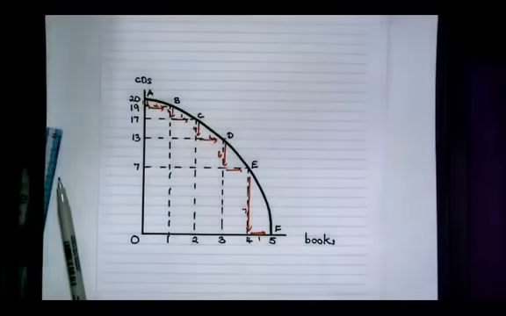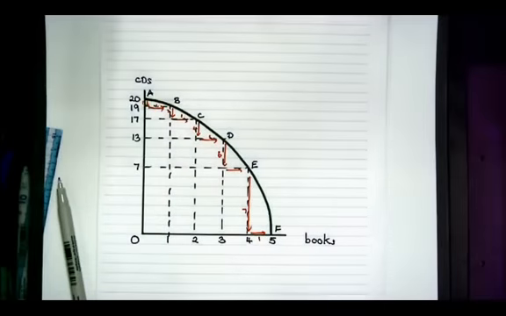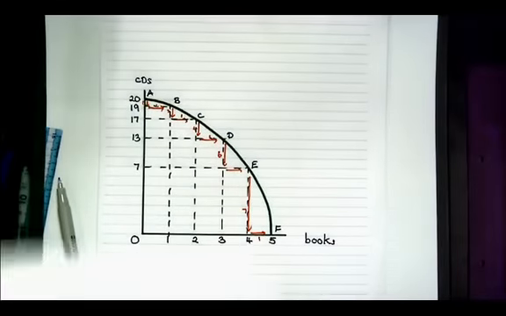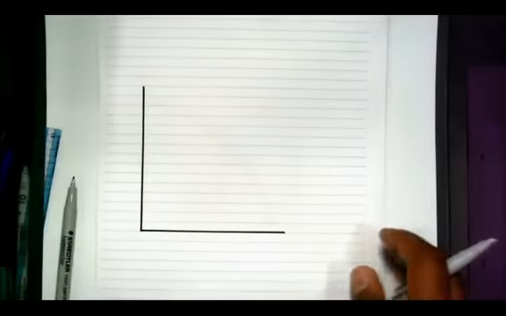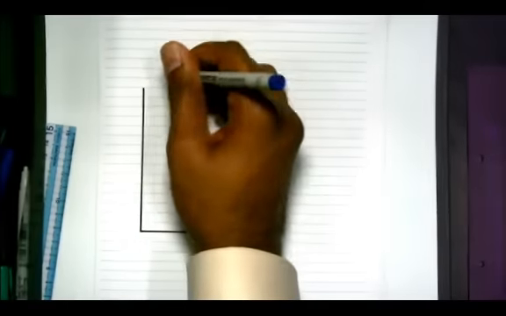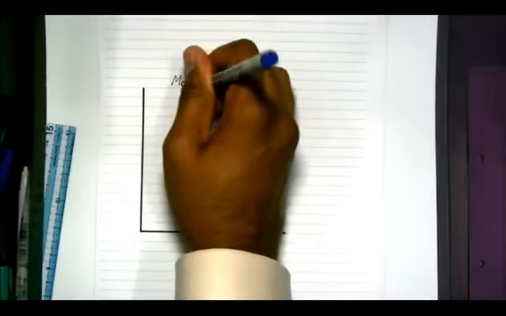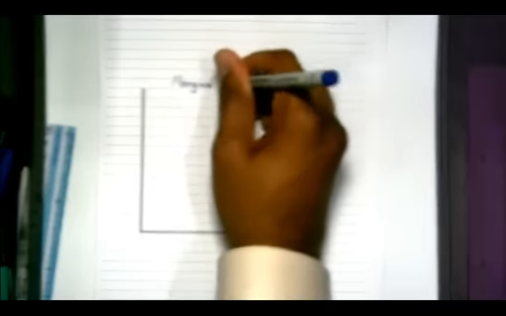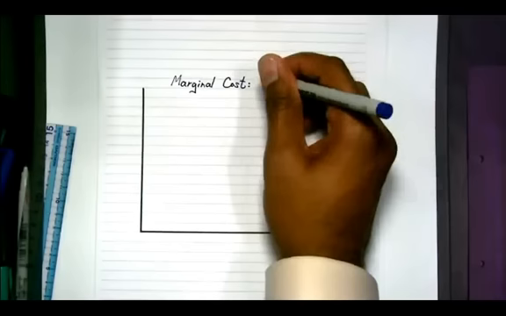Now, what we're going to do is construct the graph on page 22. The graph on page 22 is called marginal cost. What is marginal cost?